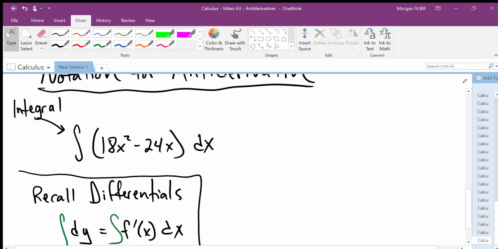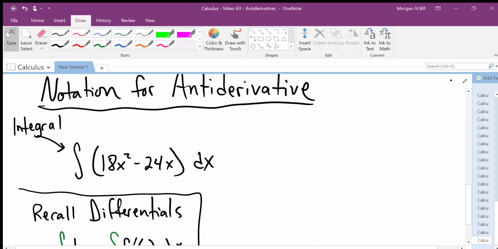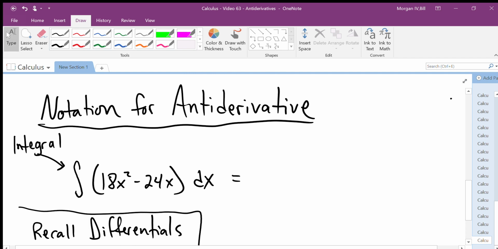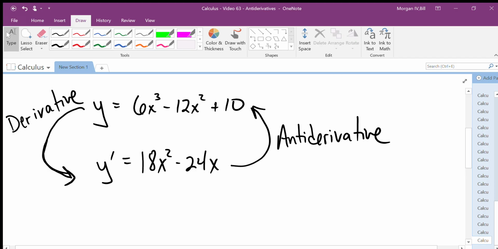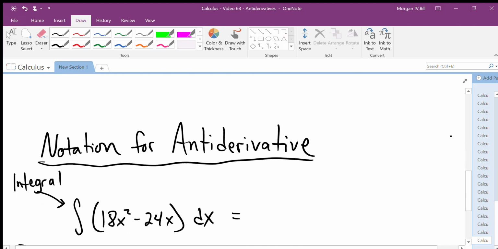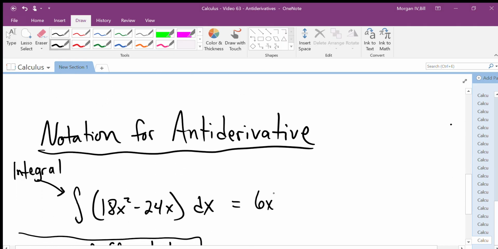So what would be the antiderivative of 18x squared minus 24x? Well, we know the derivative of 6x cubed was 18x squared. Therefore, the antiderivative of 18x squared must be 6x cubed.